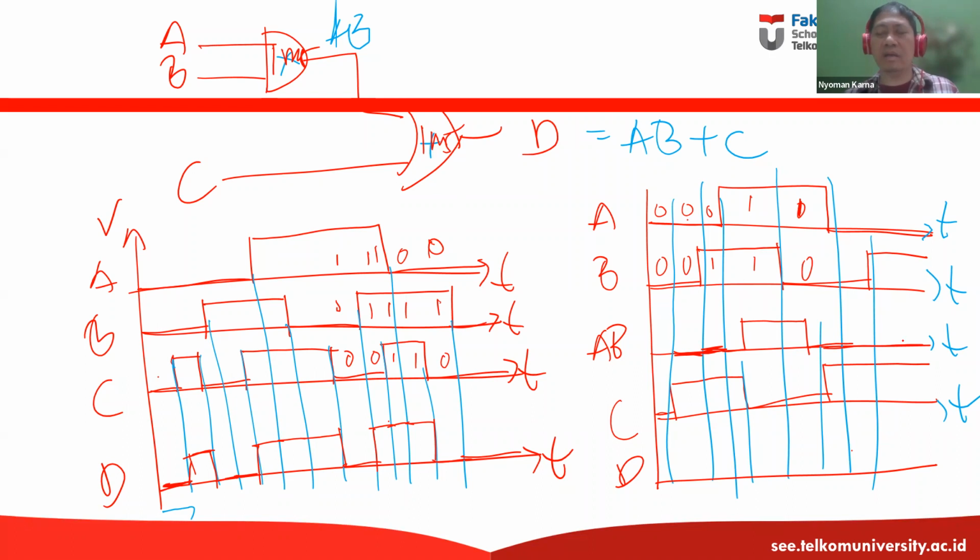And then we're going to add the signal of AB with C, and also with a delay of 1 millisecond. So 0 plus 1 is 1, but that 1 comes in here, and then it will become here, and then this is 1, so it is the same.